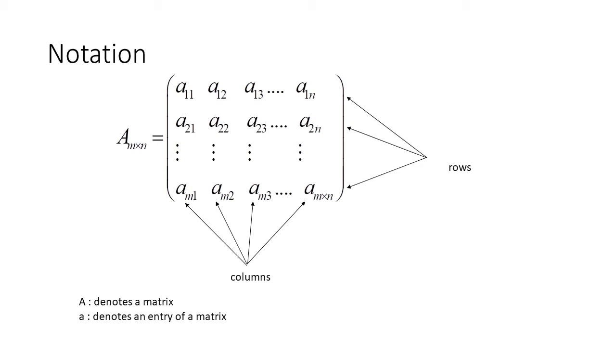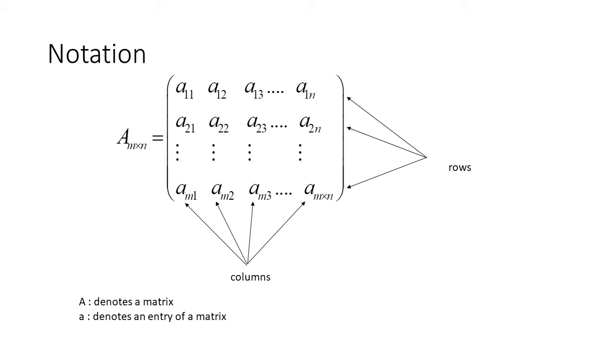So this is an m cross n matrix. You can see the arrangements, the rows and columns. The horizontal lines we call rows, and the vertical lines we call columns.